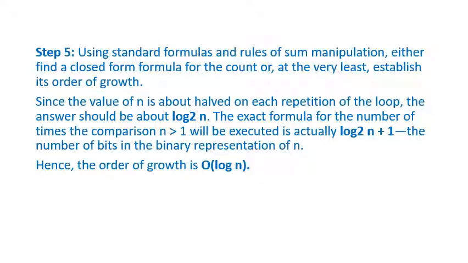The exact formula for the number of times the comparison is performed is floor of log base 2 of n, plus 1, which accounts for when the while condition becomes false. So, as you see, the order of growth of this algorithm is O(log n).